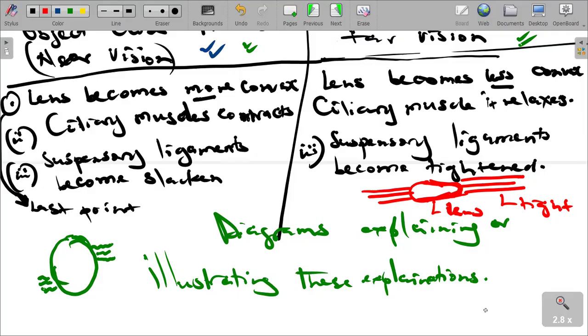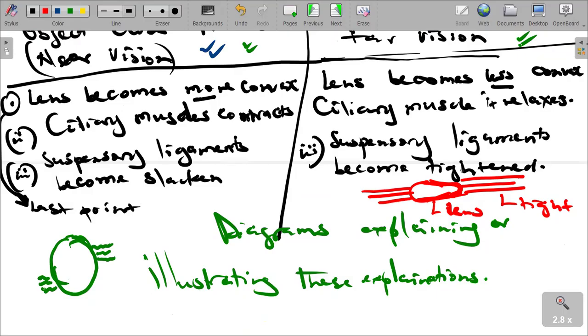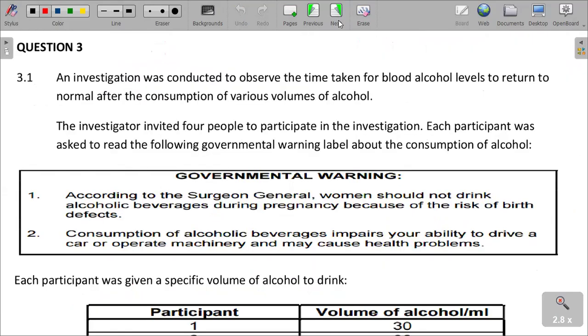So these diagrams are very important for you, to be able to identify the process shown there. This is near vision, and obviously the other one is far vision, so you can expect any possible ways of questioning that might arise.